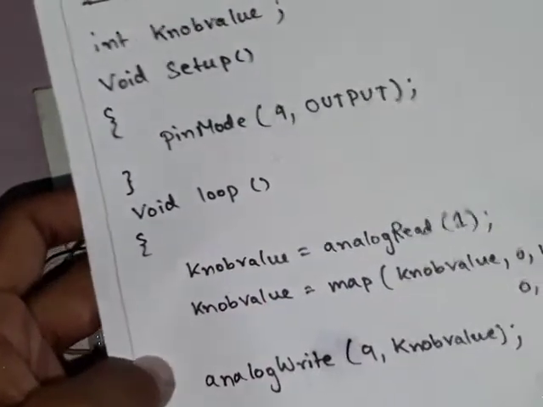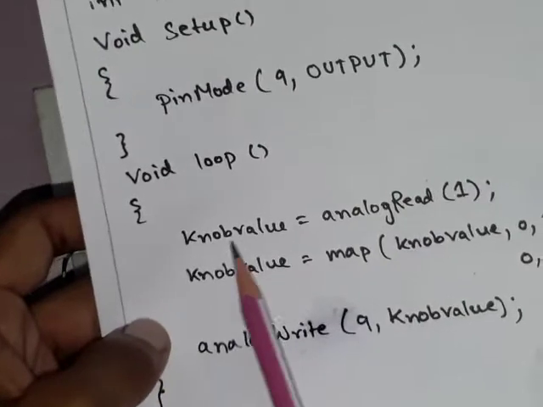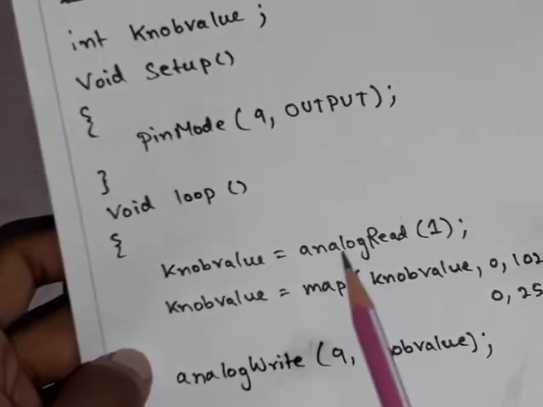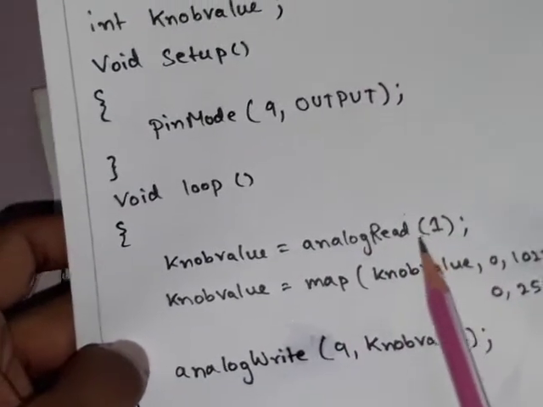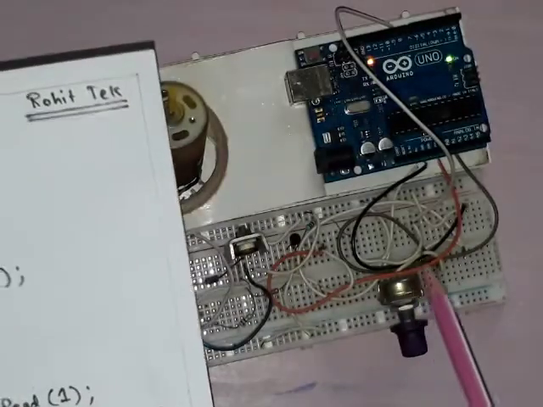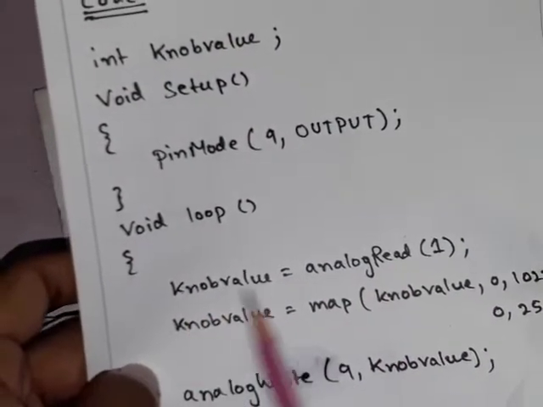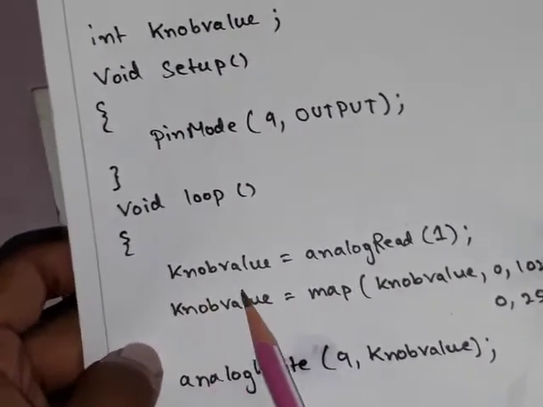Then in the loop function, I am reading the analog signals from the potentiometer, and I am storing them in the variable knob value.